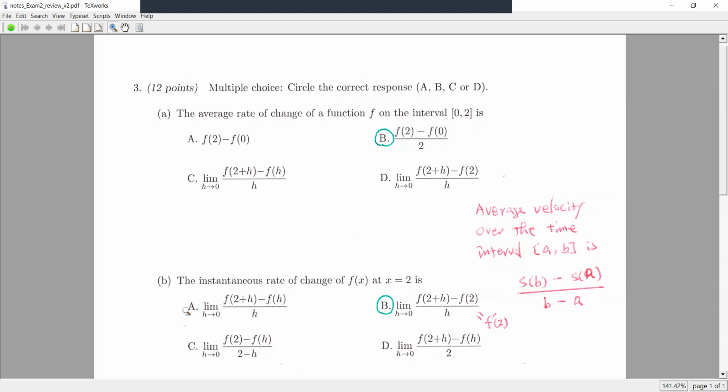The limit in A here should be 2. In the limit in C, h should approach 0 rather than 2. The limit in D here should be 2, and the bottom should be h. So the answer is B.